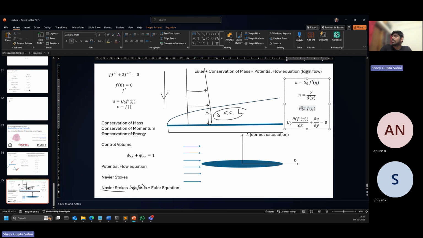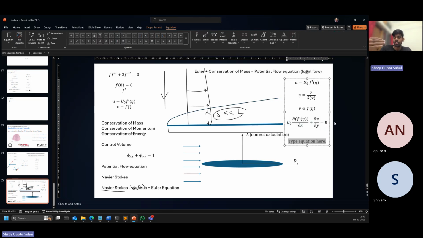And my point is that at eta equals 0, or at the wall, we know that u is 0 and v is also 0, right?